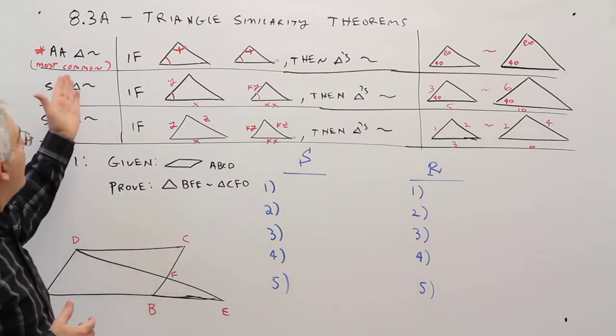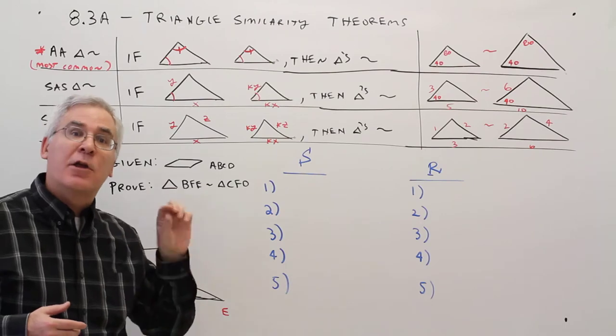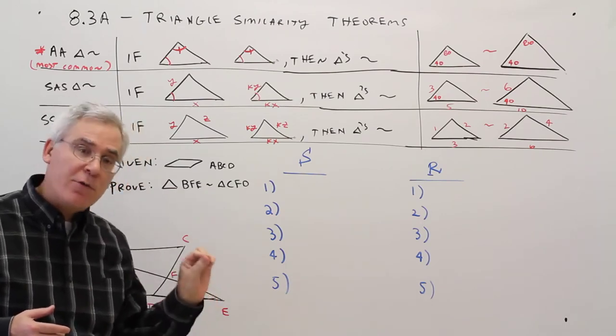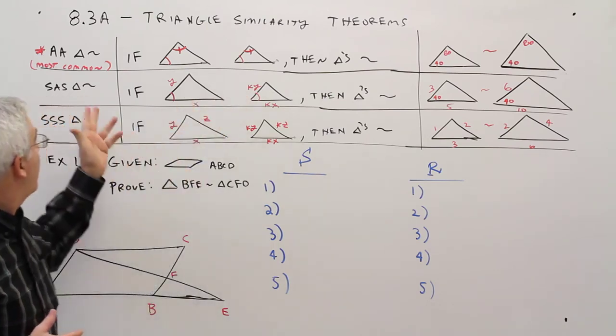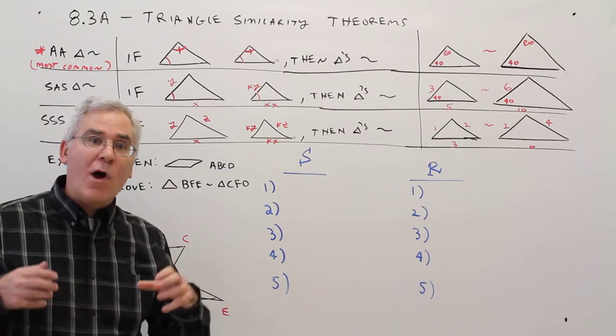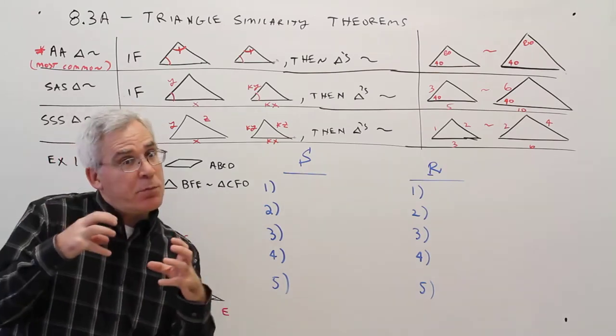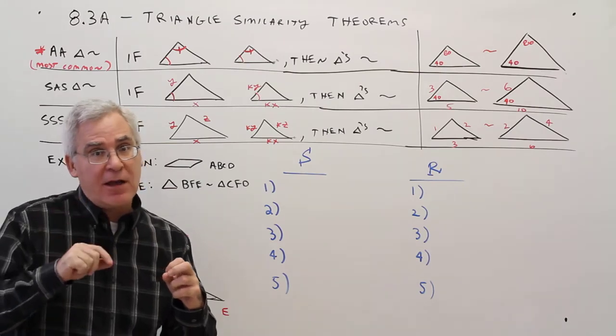All right, so for angle-angle, basically if you've got two angles of one triangle congruent to two angles of another triangle, then the triangles are similar. For SAS, as long as you've got one angle sandwiched between two sides that are proportional, then you're going to get SAS.